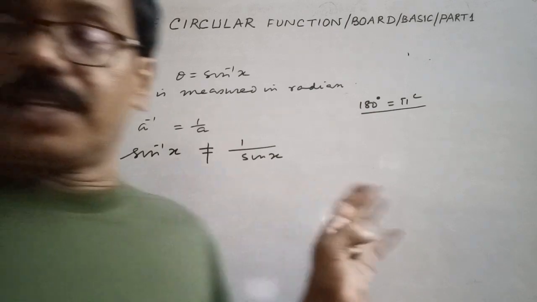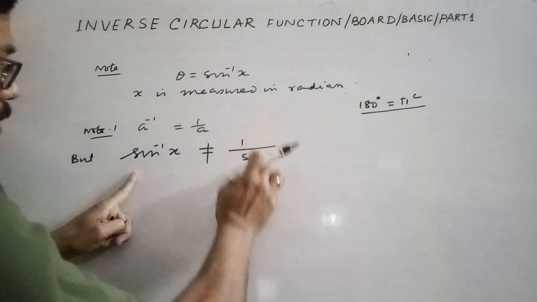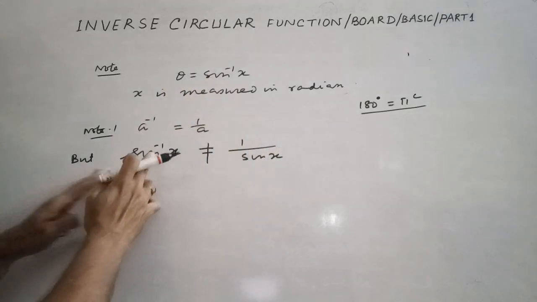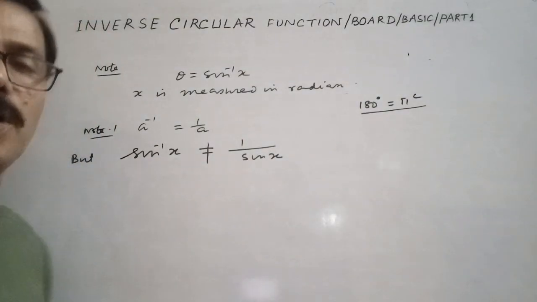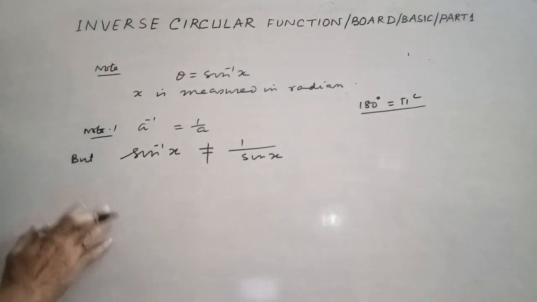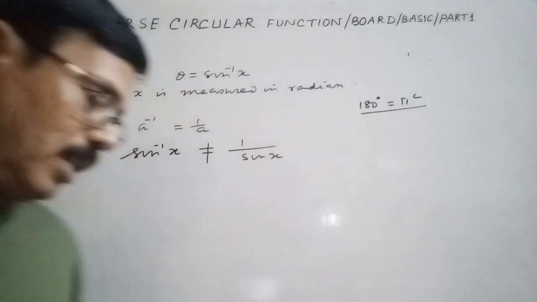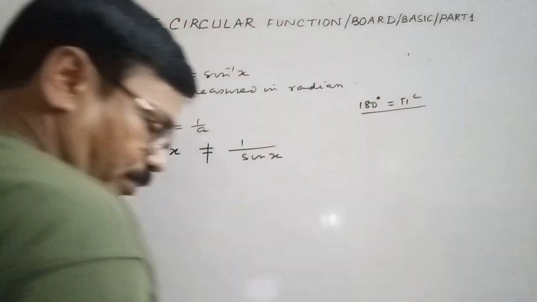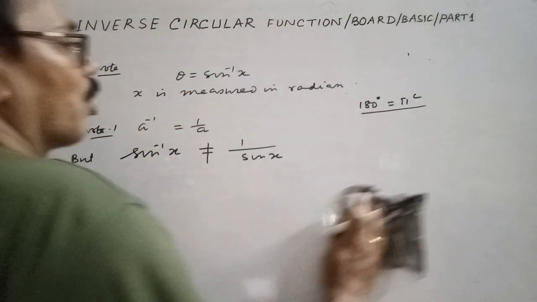So sin inverse x is an angle and 1 by sin x is a pure number. So you cannot write sin inverse x equals 1 by sin x. So this is to be noted. So this is the introduction. What is inverse circular function and how it is obtained.